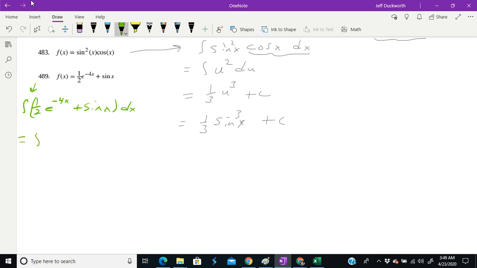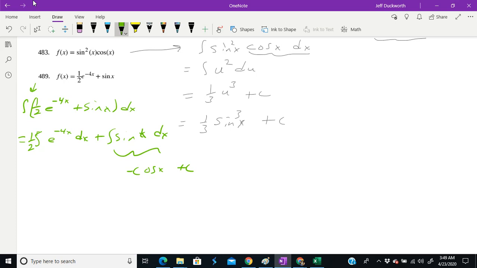So this equals, leave the 1/2 out, the integral of e to the negative 4x dx plus the integral of sine x dx. So this part here, when we evaluate it, it will be negative cosine. And we'll just leave a general c there.